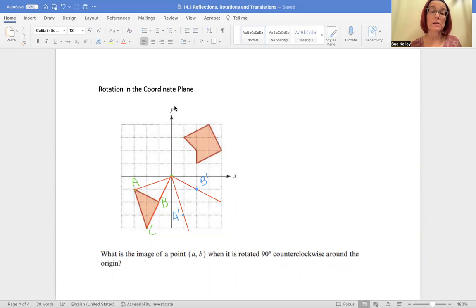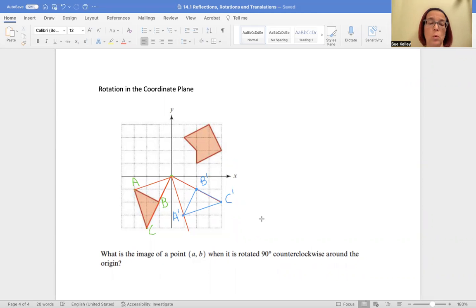But C is going to be a little further along that line right here. And then we can connect our points. I want you to make sure that I'm not lying to you about this shape. And you can see how it has been rotated 90 degrees counterclockwise.